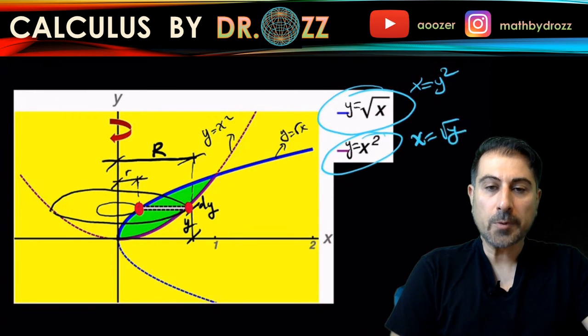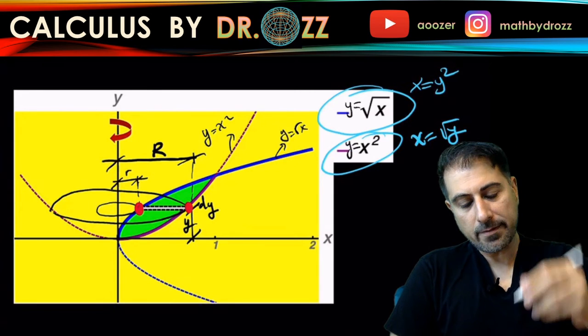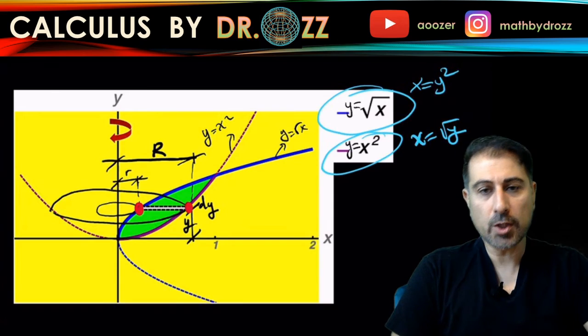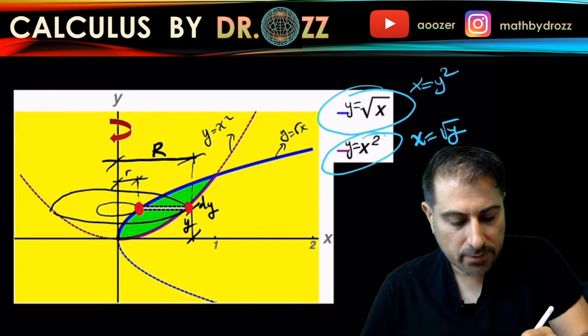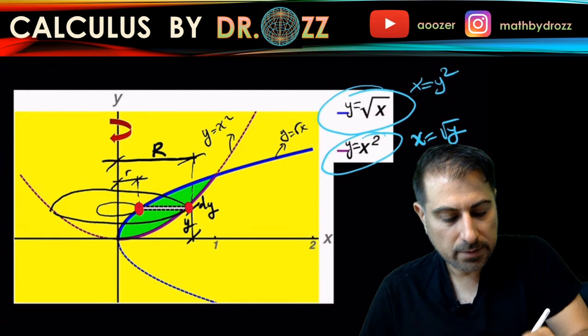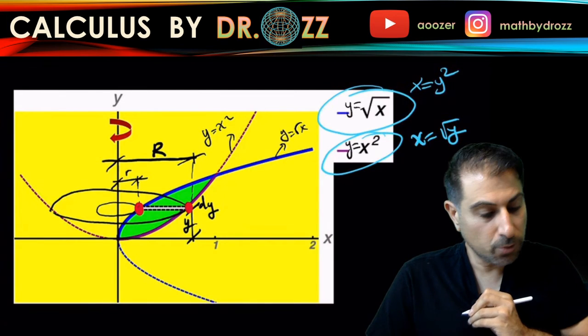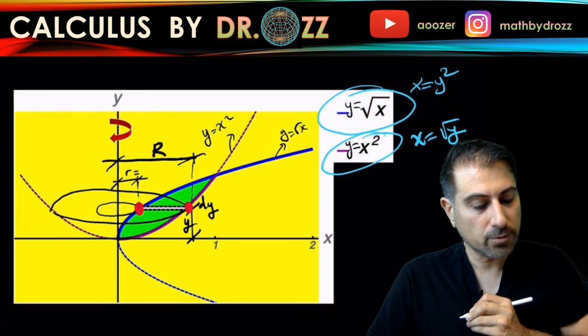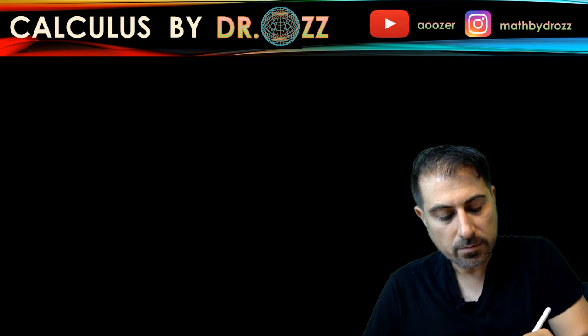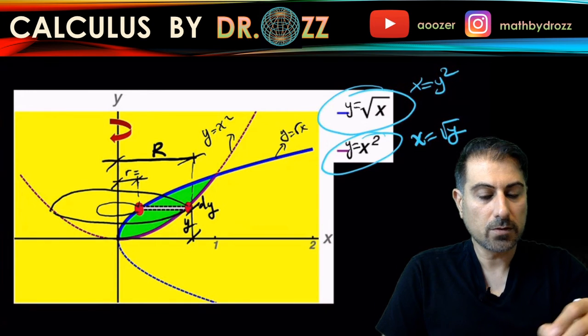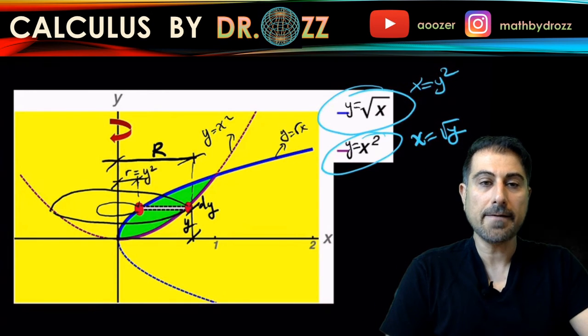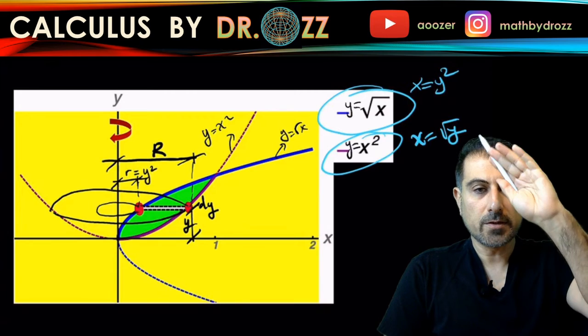Both red marked points have y coordinates exactly equal to y, because they have the same y coordinates, right? And the x coordinate of the first point is going to tell me exactly what the little r is. That is the blue curve. The blue curve is x equals y squared. So I'm using this right here at the top.